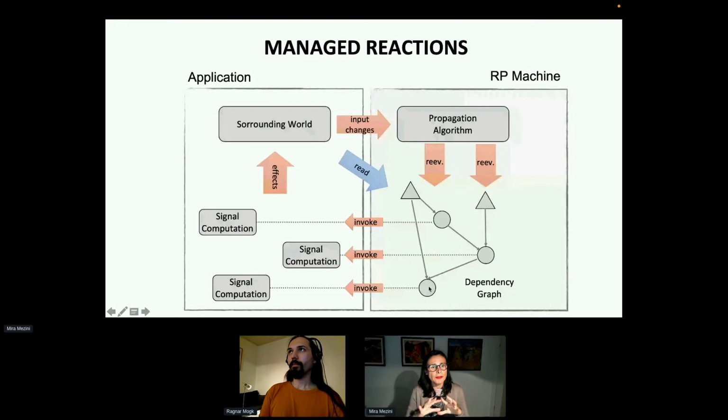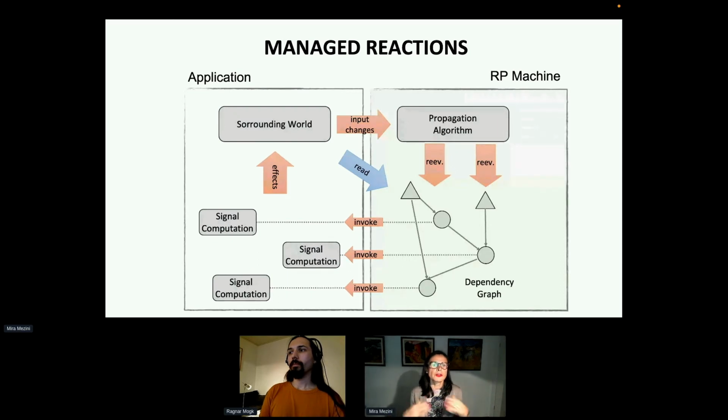The nodes in the graph encapsulate user-defined computations, user-defined signals. So the outside world never interacts directly with the user-defined computations, but always through the propagation algorithm that manages the graph. Anytime there are input changes, the propagation algorithm starts re-evaluating the nodes in the graph that are affected by this input, that depend on that input, and every time a node is re-evaluated, it invokes the computation defined by the programmer, which may have effects on the surrounding world.